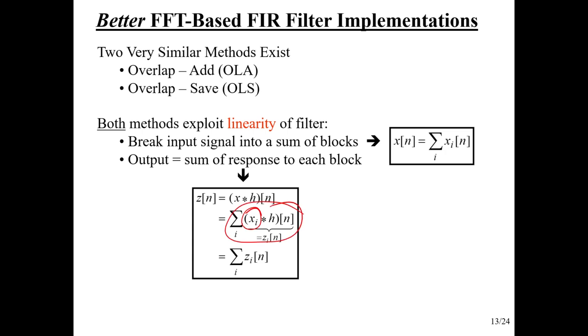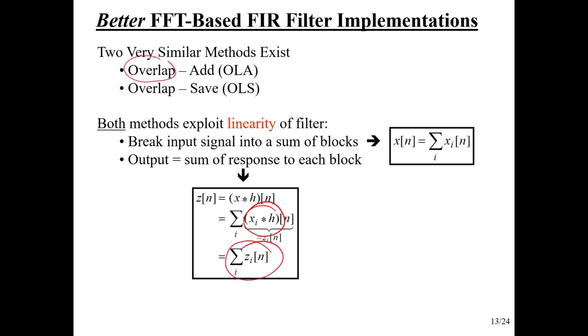Now, that doesn't eliminate the latency, it just significantly reduces the latency. Now, we'll see in the next set of notes something even more clever that will allow us to completely eliminate the latency. And that's remarkable. That's what we want. So we compute a block by block convolution, and then we add those results.